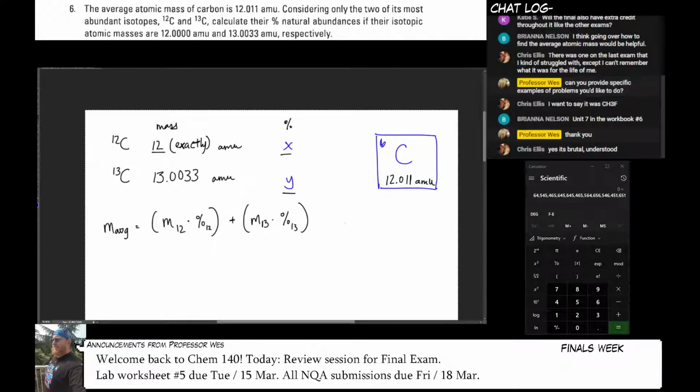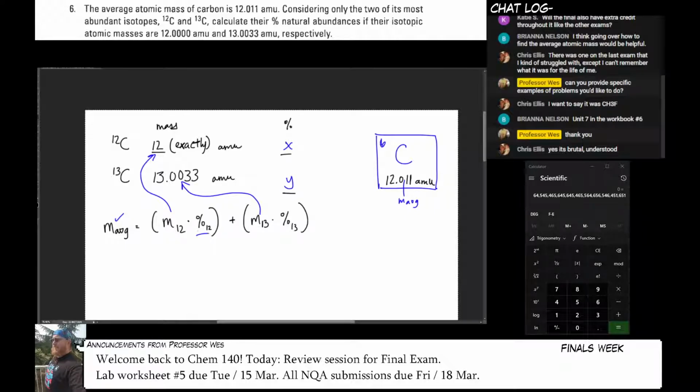And we would keep doing that for every isotope that we have, but we only have 2. So what numbers are known? I know the average mass, that's this right here. I know the mass of carbon-12, that's this right here. And I know the mass of carbon-13, that's right there.